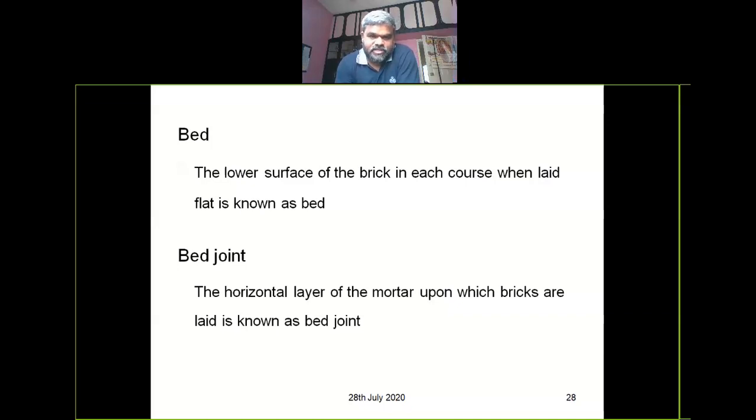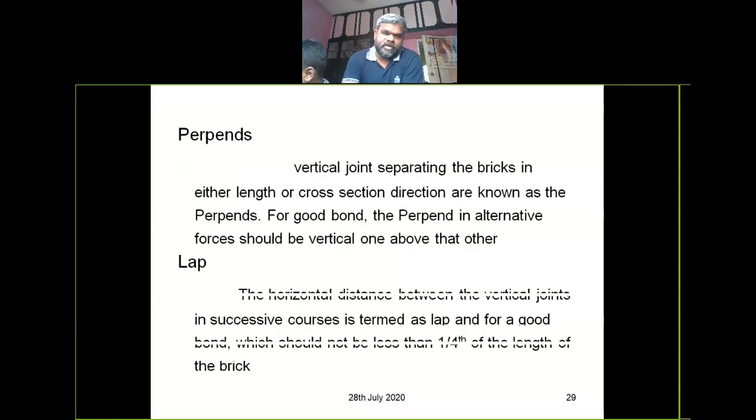Bed joint: the horizontal layer of mortar upon which bricks are laid is known as the bed joint. Perpends means the vertical joints separating the bricks in either length or cross-section direction. For a good bond, the perpends in alternate courses should be vertical, one above the other.